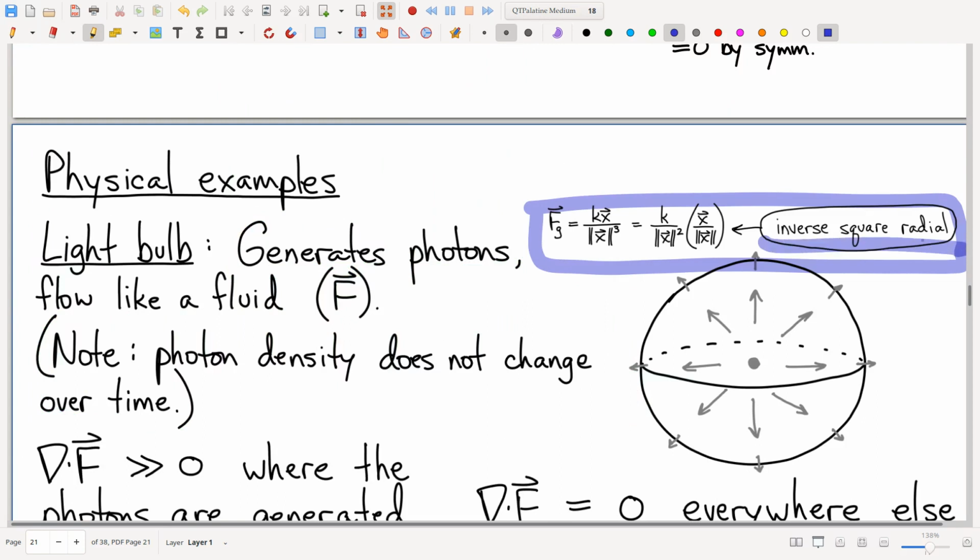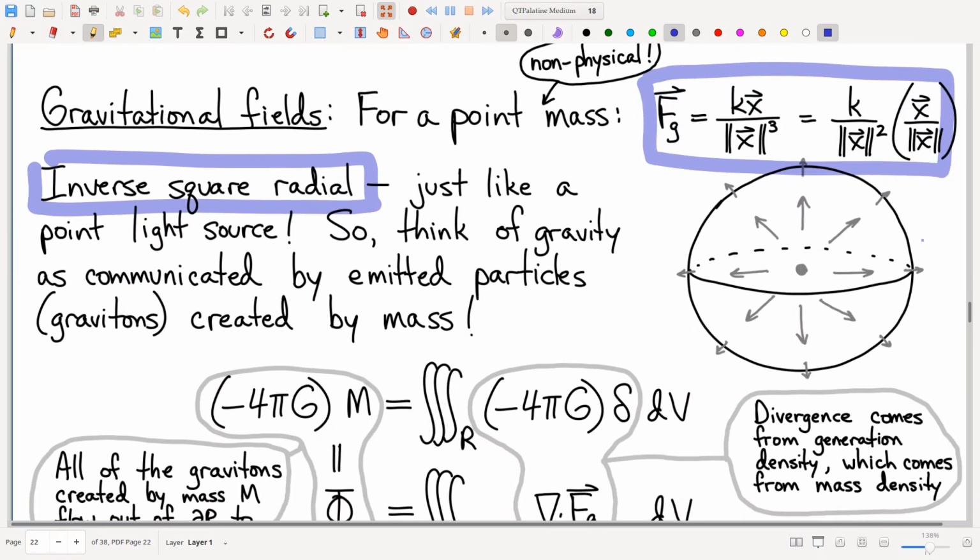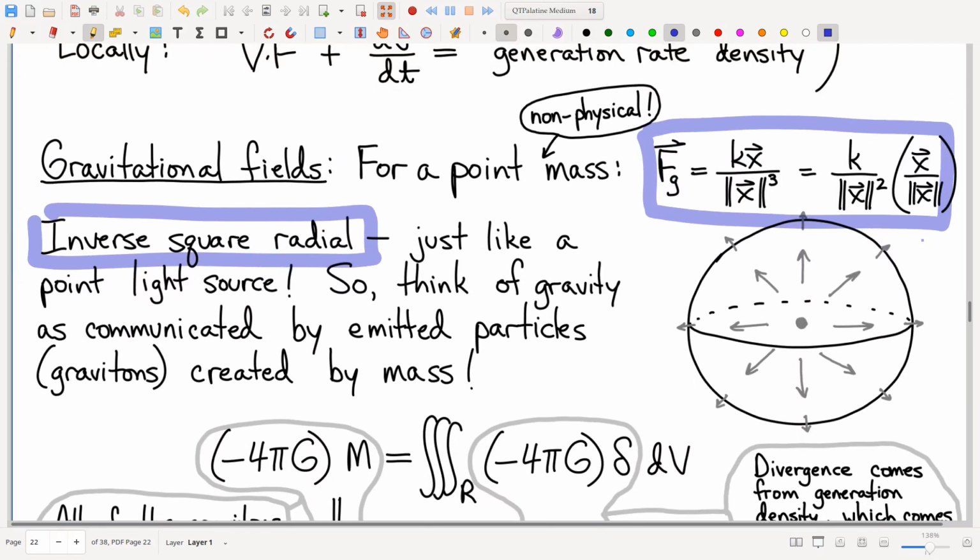That's cool. Very convenient. That the vector field of light bulbs generating photons is morally equivalent to the vector field for gravity. And so here is a speculation that you could make based on this observation.